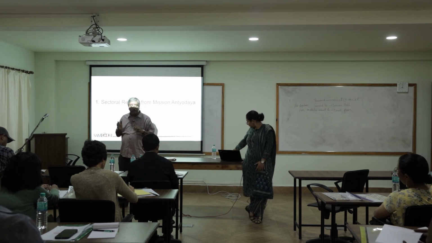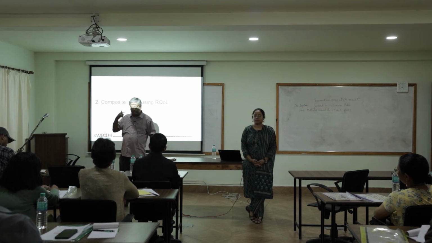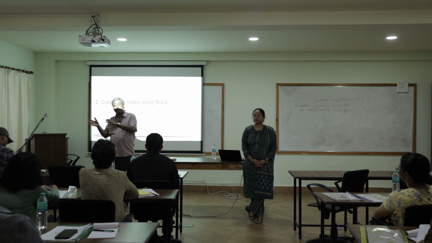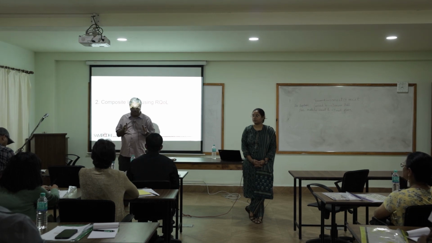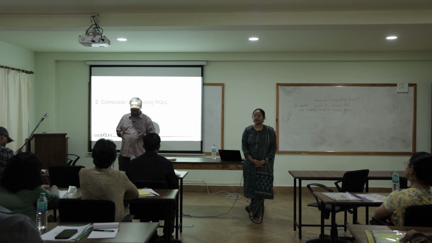The second half is, remember the tutorial which we showed you, the Rural Quality of Life Index? We are going to give you access to the raw data, and we are going to take some indicators from there and some indicators which we will search from other websites, state government websites. And we are going to create our own quality of life index, a composite index.